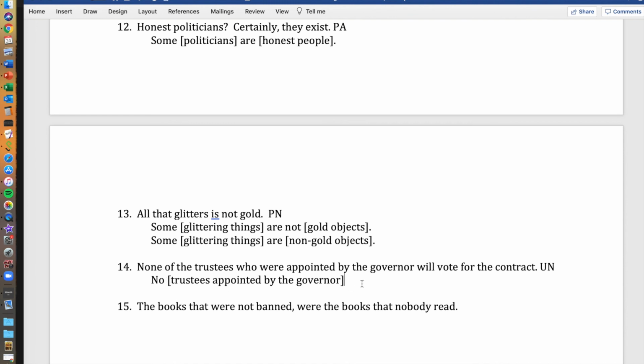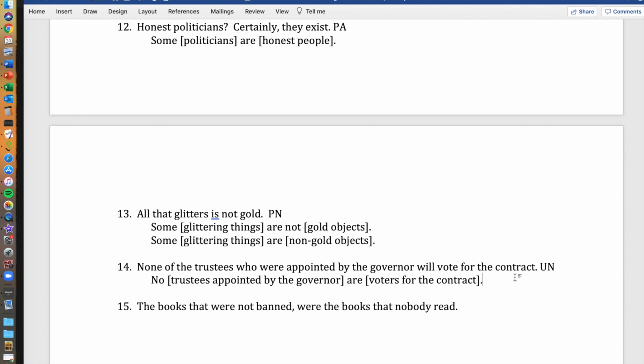And what do we say about them? That is, what is the predicate term? They are voters for the contract, right? Or people who will vote for the contract or something like that. So in this case, we have no trustees appointed by the governor are people who will vote for the contract, or voters for the contract, or contract supporters.